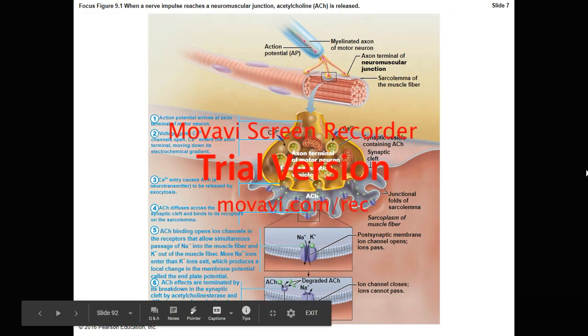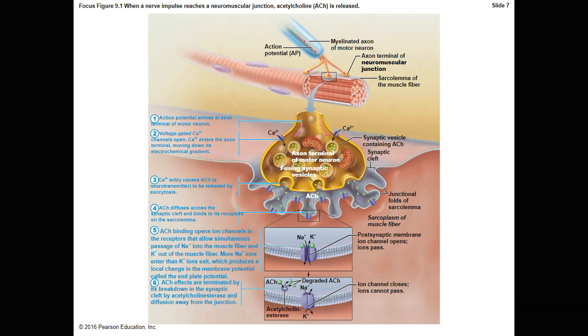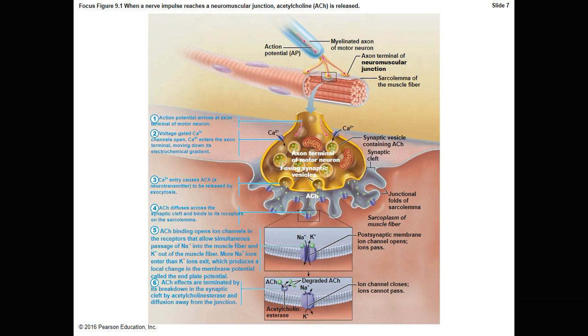All right, so last, step 6 is just showing you that the acetylcholine gets degraded by the acetylcholinesterase. Again, you want the acetylcholine to be removed from the synaptic cleft so it won't stay opening up ion channels in the sarcolemma of the muscle fiber.